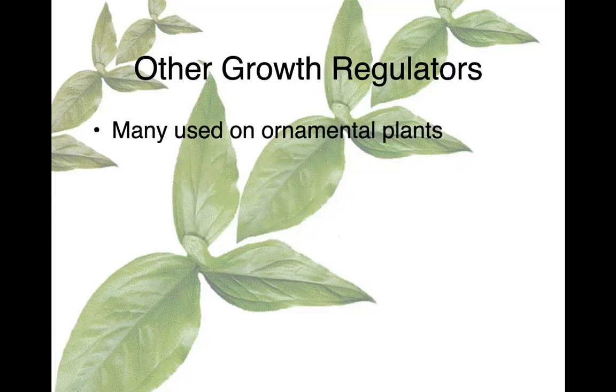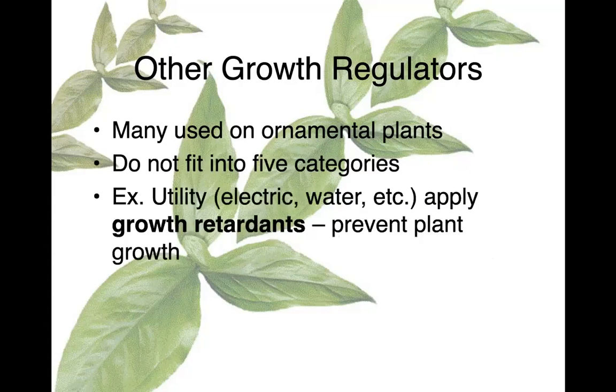We have other growth regulators as well that we can use on ornamental plants that do not fit into those 5 categories. Some utility companies can apply growth hormones called growth retardants, which prevent plant growth, rather than having to go around and cut trees that are growing into power lines or roots that are growing down into water pipes.